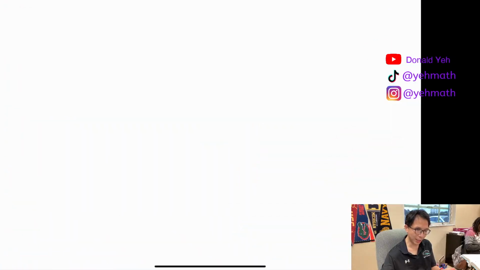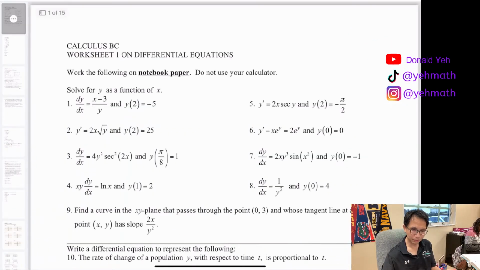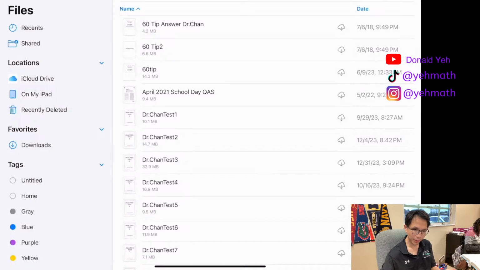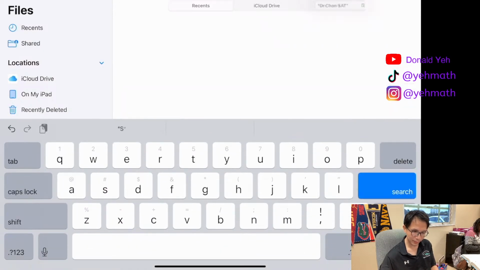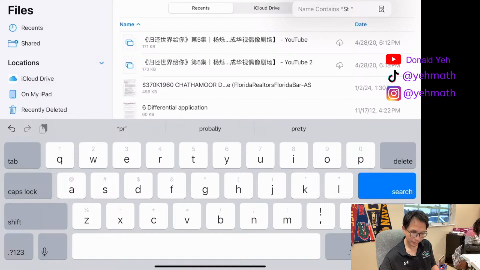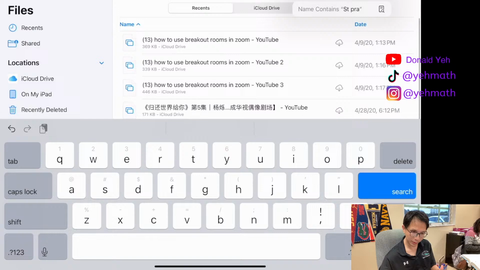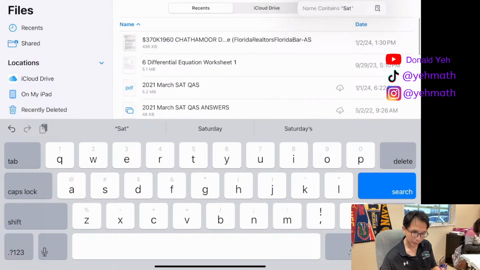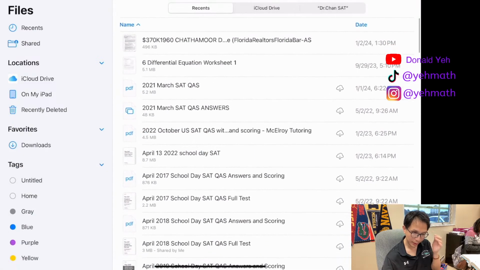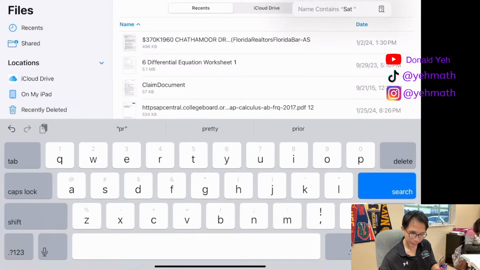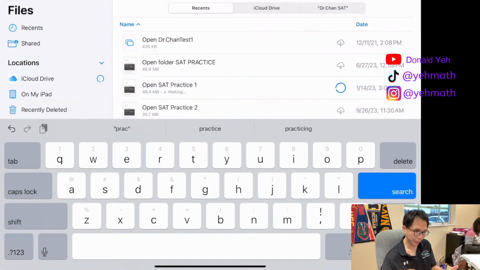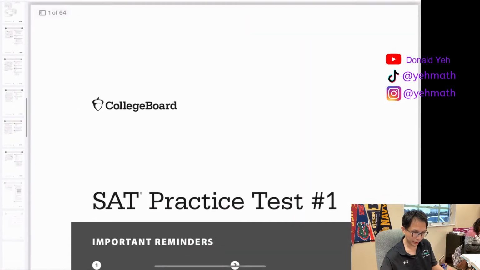This is the kind of question you have to be able to differentiate, and it shows up on every single SAT. So let me look at SAT practice. Okay, open practice. We're going to go look at it.